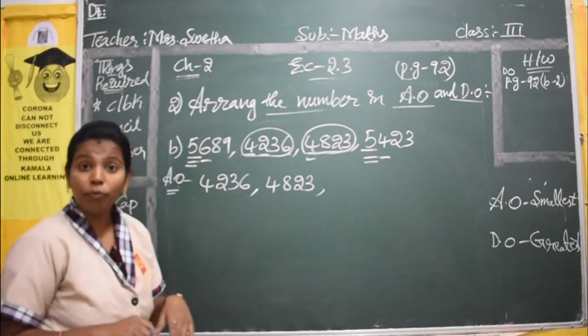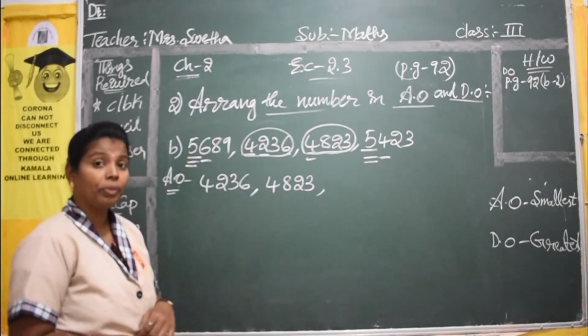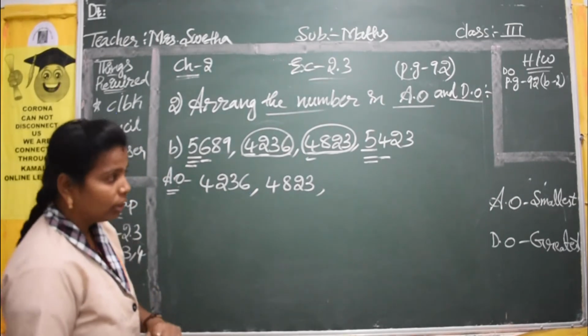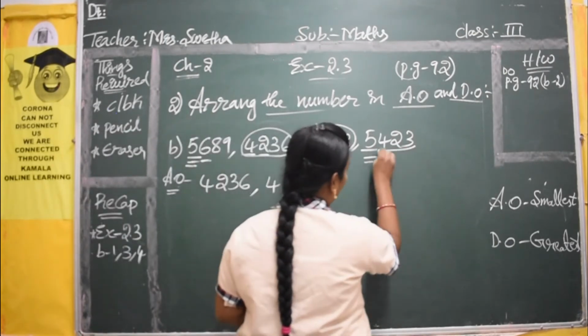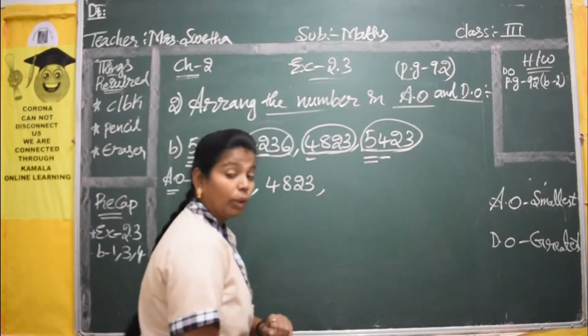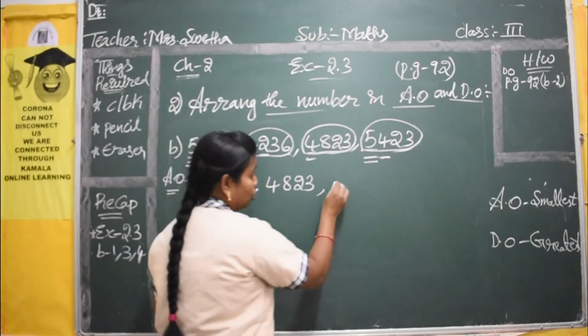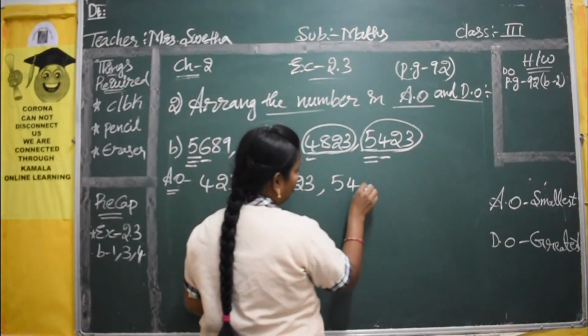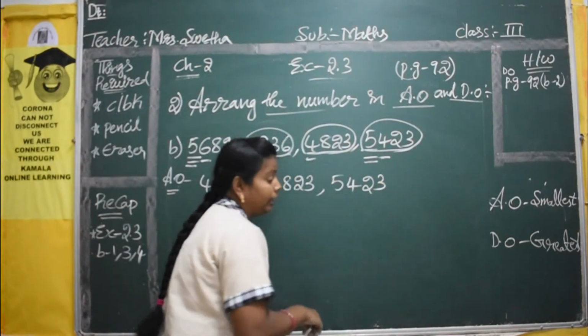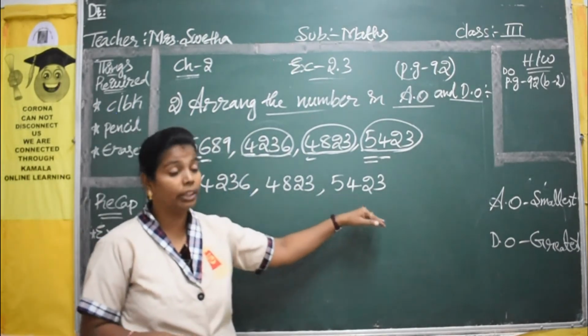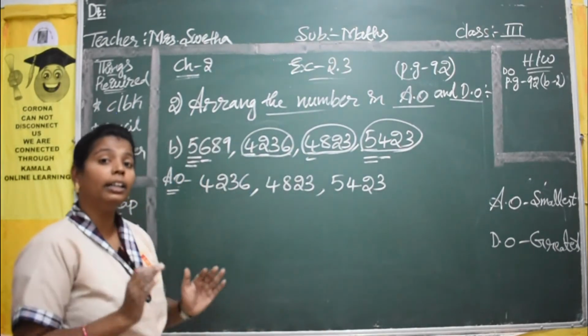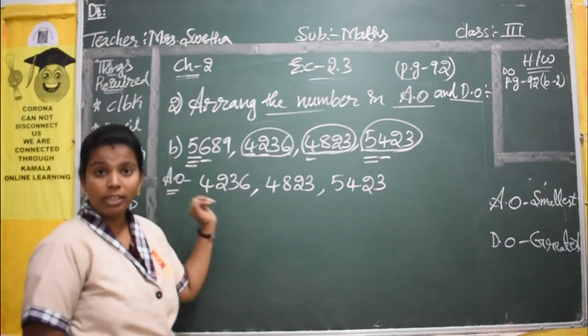From this 6 and 4, which is the smallest one? Yes, this 4 is the smallest one. So it will come to third place. So 5423. This 5423 is the third smallest number in your second one.